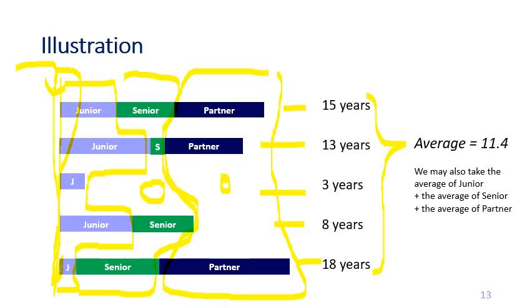So the third and the fourth never work as a partner, so you put 0 years there. And then you take the sum of these 3 categories to obtain the average length of working time for all people who start working as juniors. So this illustrates the approach that we used in the previous slide to answer the first question, which is about the duration of working of people who start working as a junior.